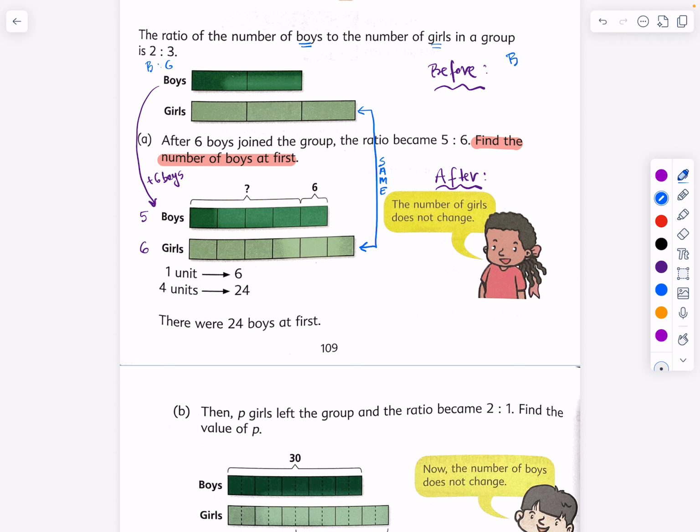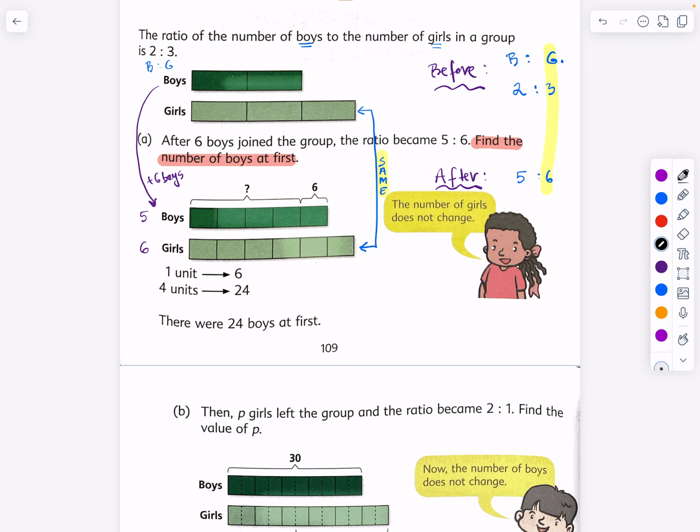Let's label boys to girls used to be before in the ratio of 2 to 3. After, boys to girls became 5 to 6. But the key realization is that the girls did not change. The number of girls remained the same. But we do have a different number of units for these girls. The units are of a different size, that's why.